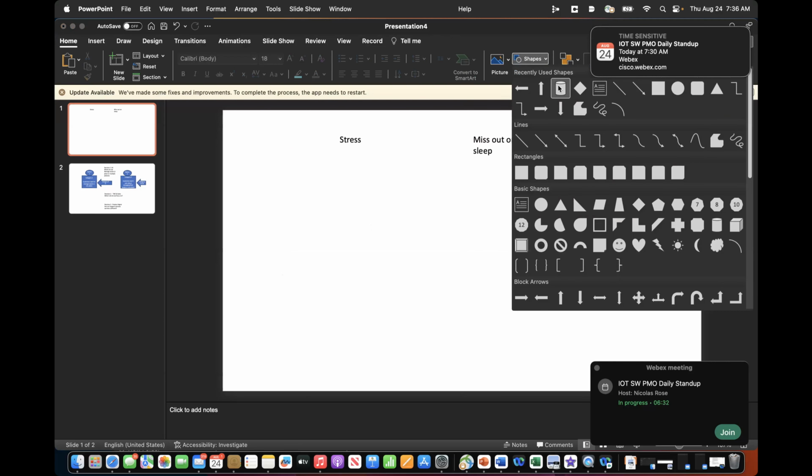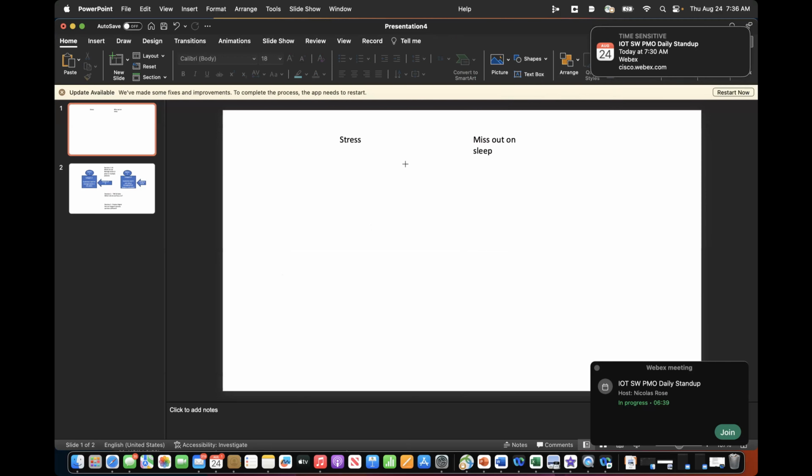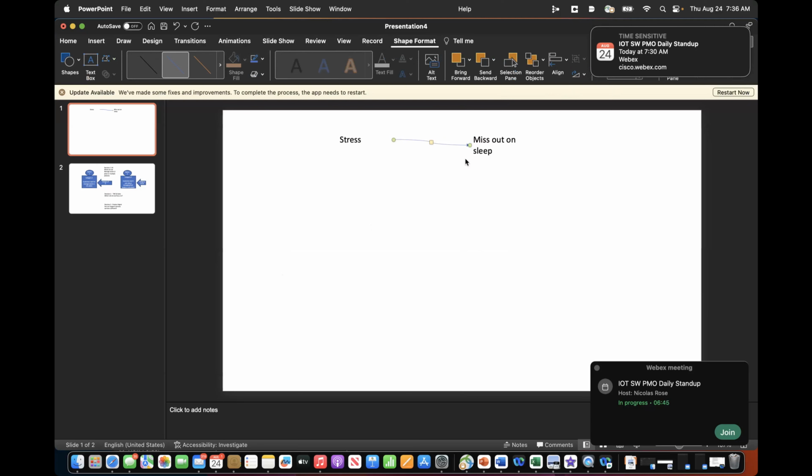So I don't get rested. So there's a positive relationship here, right? So let me find a good arrow. And I got an arrow from the stress to missing out on sleep, right?